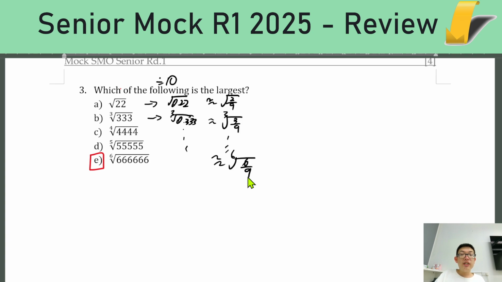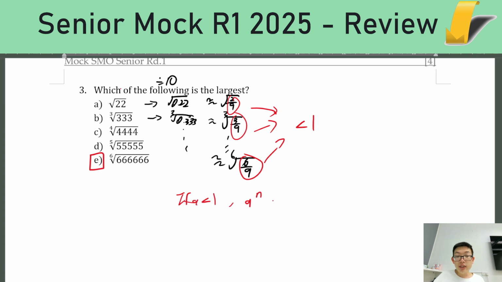If we do that, actually, it is pretty obvious what is the correct answer, because when you take these are all less than 1. When you take something less than 1, the thing actually increases as n decreases.